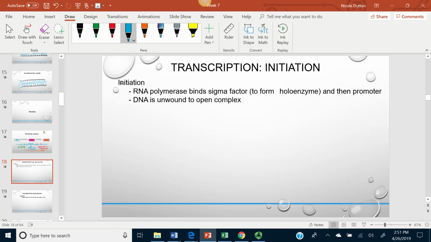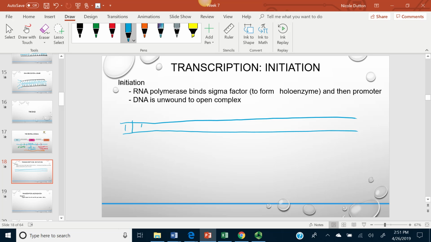So if we have our double-stranded DNA here, an invisible region in here is the promoter for the gene. And then another invisible region is going to be the gene itself. And then there's going to be a termination sequence.